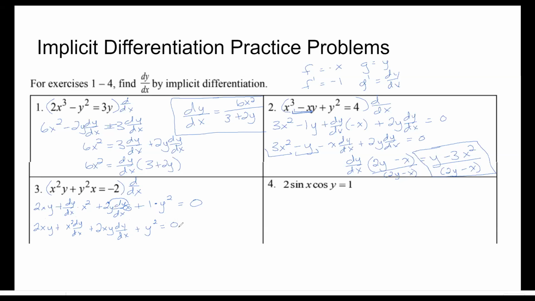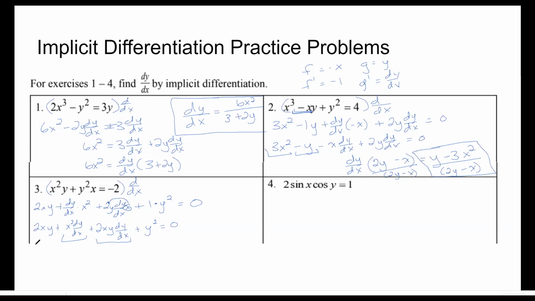And don't underestimate the usefulness of just rewriting things in a neat, organized way, because you have a lot of variables going on here and it's very easy to lose sight of something. So you want to just take that extra step, even though it's taking up an extra line in your notes, to just rewrite things and make sure that they look organized so that you can figure out what your next step is.